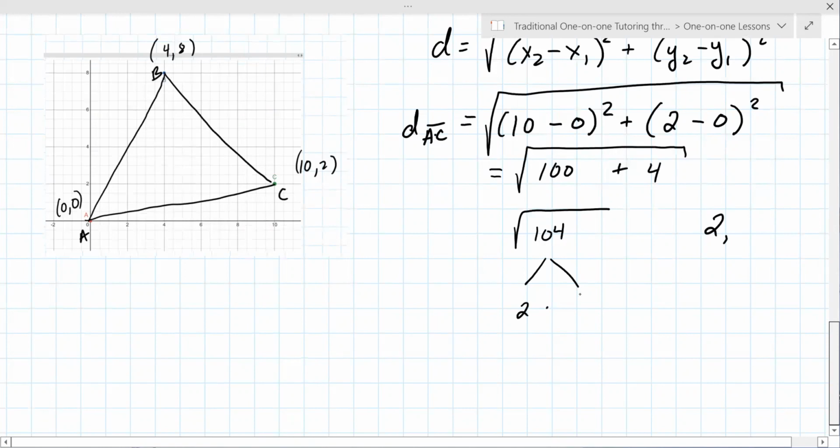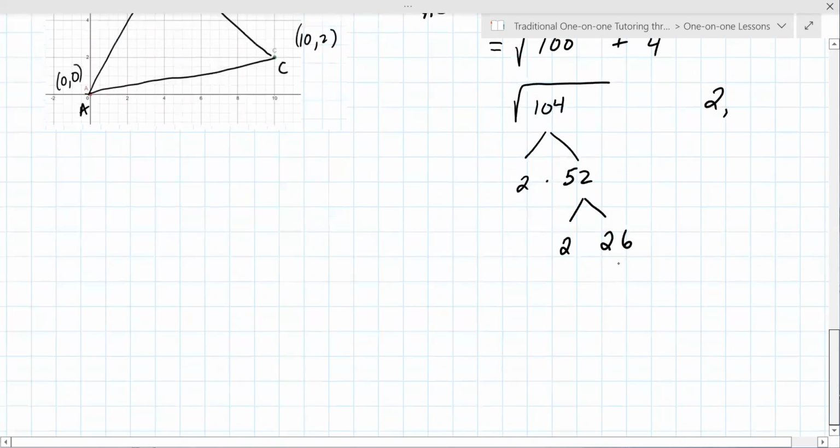I would say 52. And since 2 worked, you might as well try it again. 2 times 26. And since 2 works, you just keep trying it. This is like a factor tree. That's exactly right.